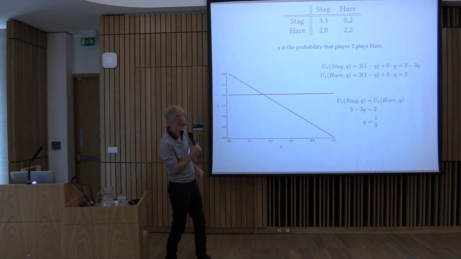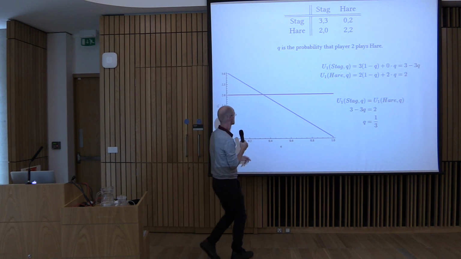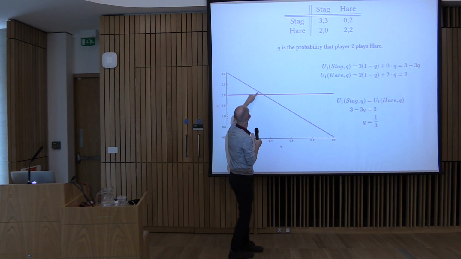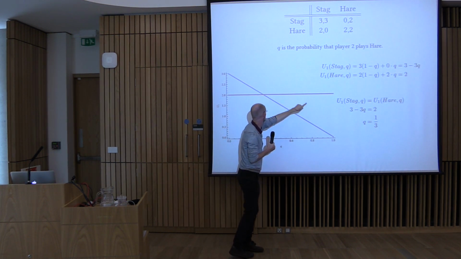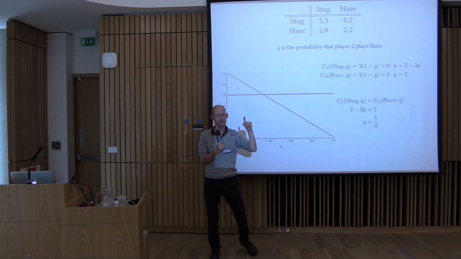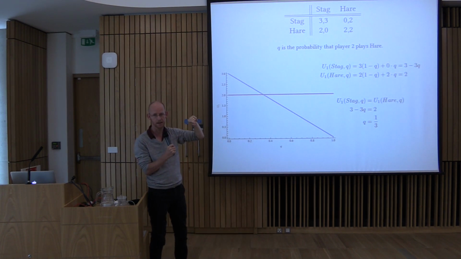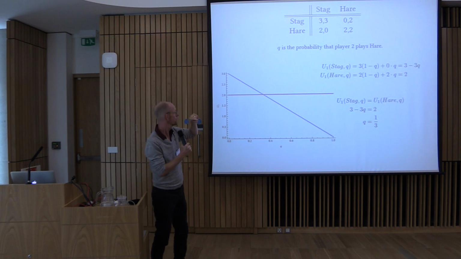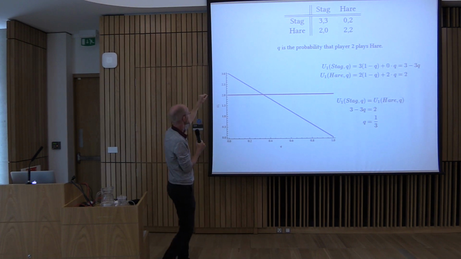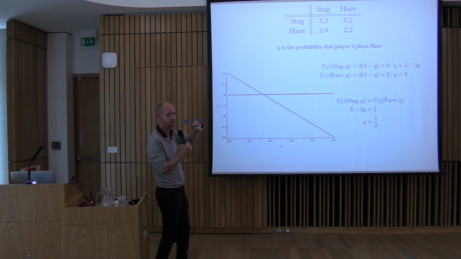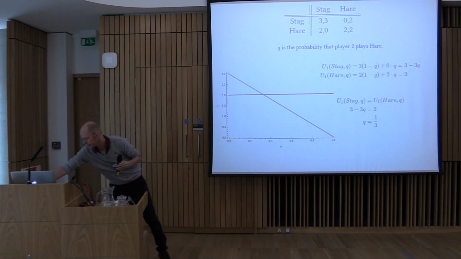So here you play stag, here you play hare, but for the other player it's exactly the same thing, right? Okay, so we had one equilibrium with stag, stag, another with hare, hare, but now we find another equilibrium.